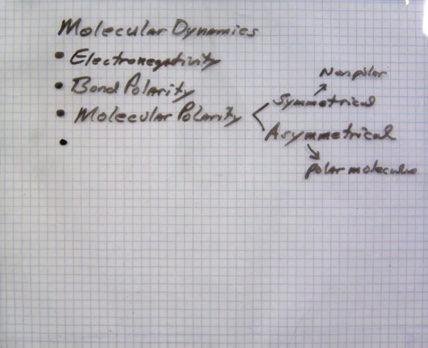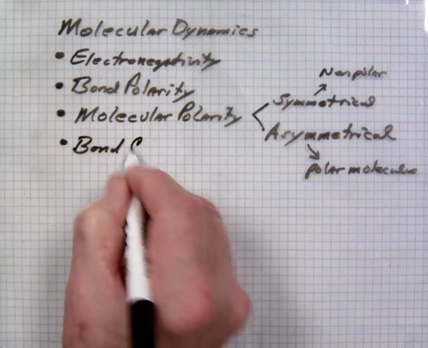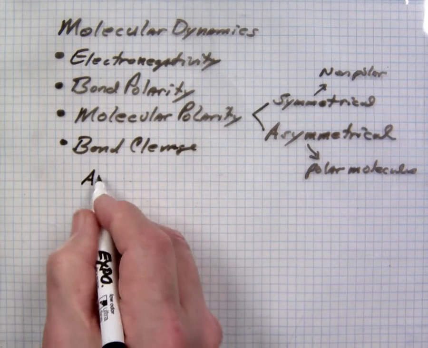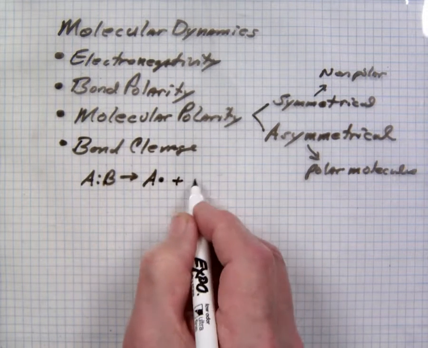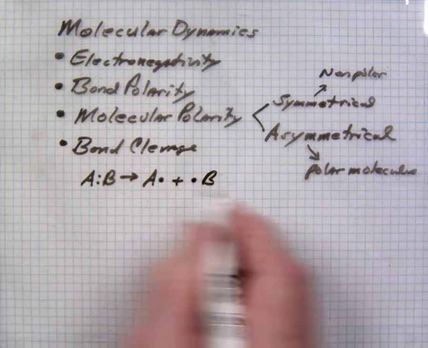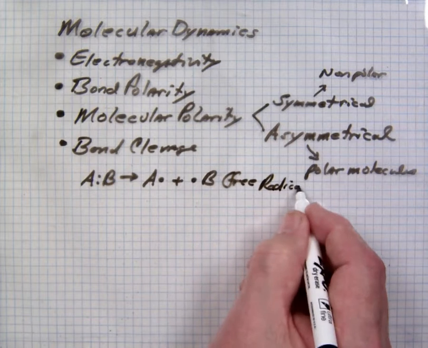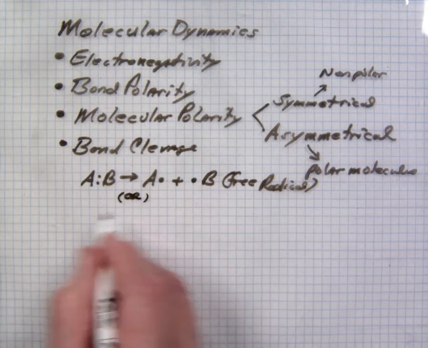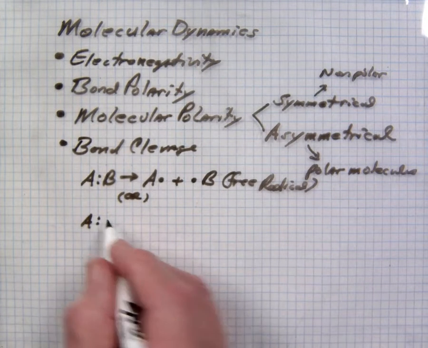We looked at some, let's see, I want to put in bond making, bond breaking. Bond cleavage is what it's called. It's homolytic if you have an even break in the bond. One electron goes with each, and this is called free radicals. Or we have an asymmetric cleavage, and that's called heterolytic.